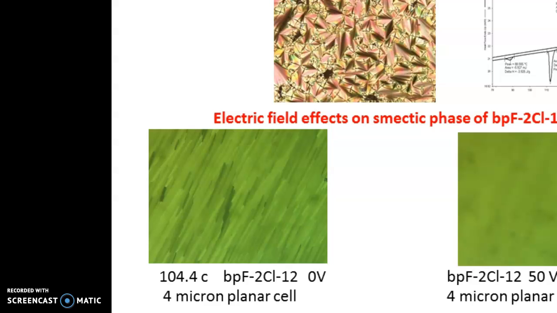When I used an electric field on the C12 homologue of the fluorobiphenyl derivative, I found that the textures changed on changing the electric field, which is called switching behavior, and this is a very important parameter required for any compound to be used in display devices.